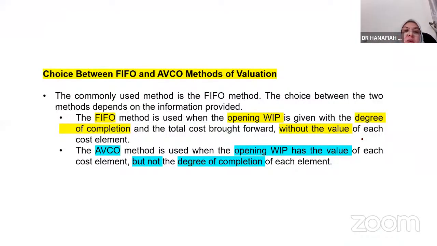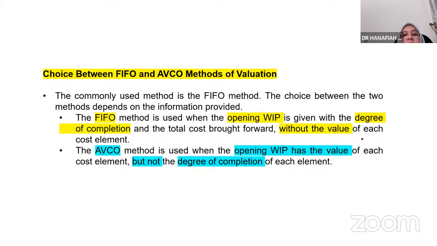The choice between FIFO and AVCO method of valuation. The company normally use FIFO method. It actually depends on the information provided. The FIFO method is used when the opening work is given with the degree of completion and the total cost brought forward without the value of each cost element.